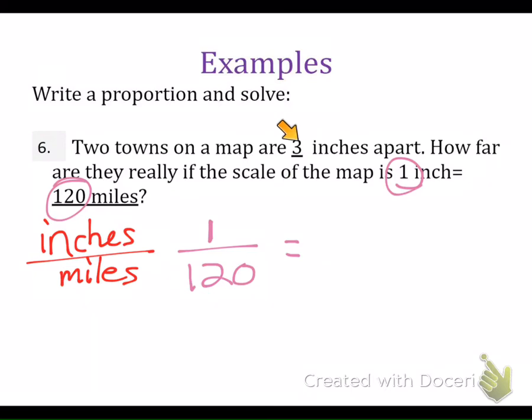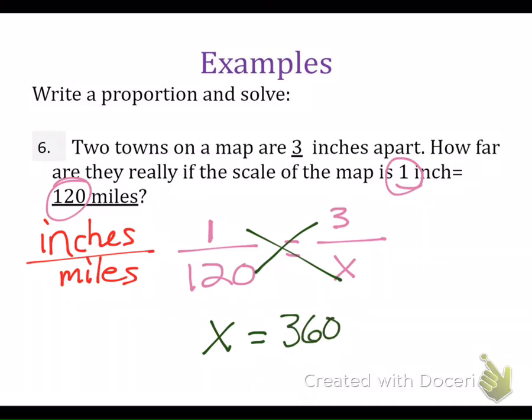Now over here it said it's 3 inches apart. Okay, and we're going to see how far it is. So we're going to go 3, since that's our inch. And then we're looking for how many miles. Okay, so let's cross multiply this. So 1x is actually just x. 3 times 120 is 360, and that's our answer.